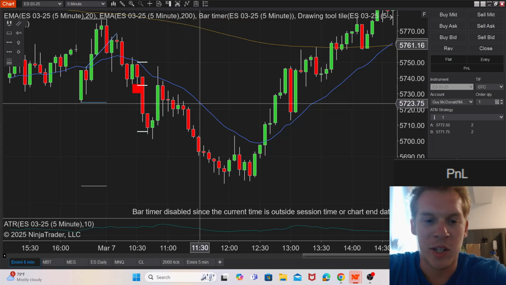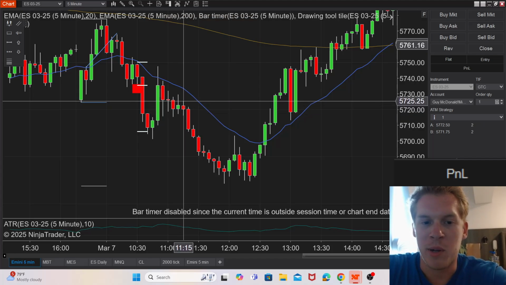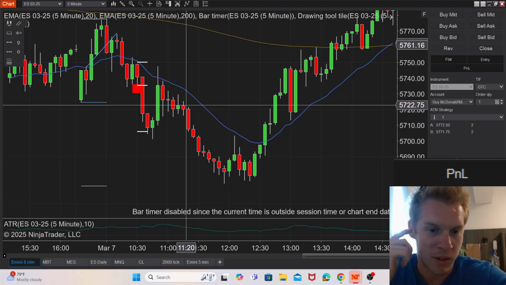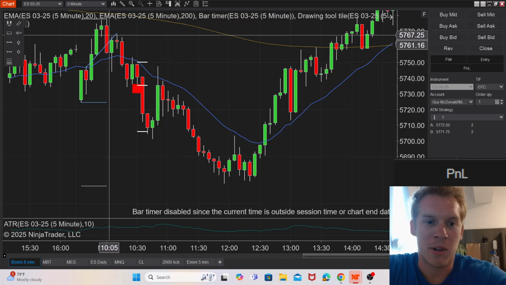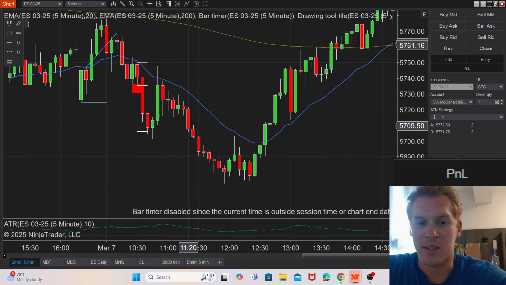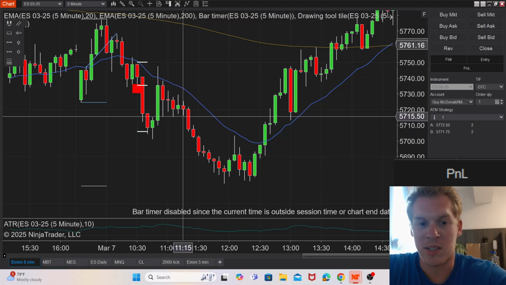And looking at this signal bar, I would call this a weaker signal bar. It's mostly tail above and below. It's a small bear body, so that's a weak signal bar. But the context, I think, is really decent. Not only are we in a bear trend, we've had this recent bull trap, and the bulls are looking for a place to exit, and they would exit below basically a bear bar, I would think.